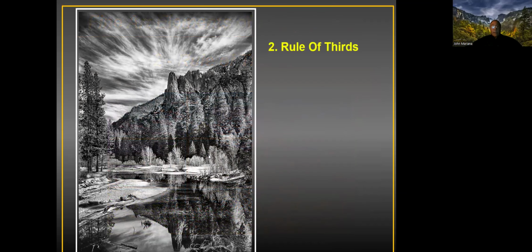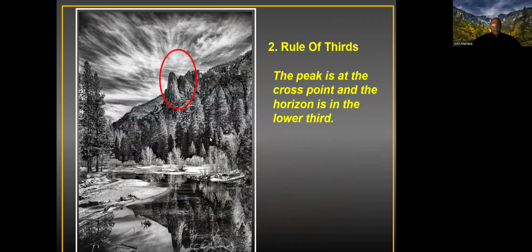So let's go back to my Yosemite image. We look at dark against light, for one thing. Dark against light makes it stand out all the time. The rule of thirds, that main important area is right up near that power point.